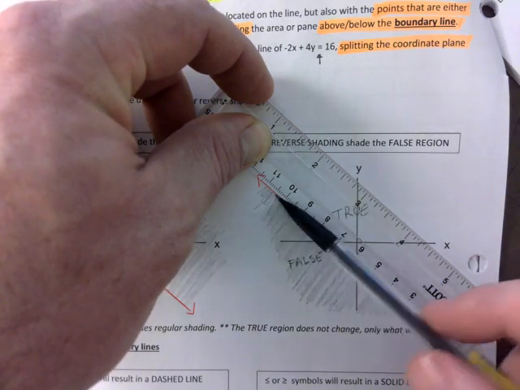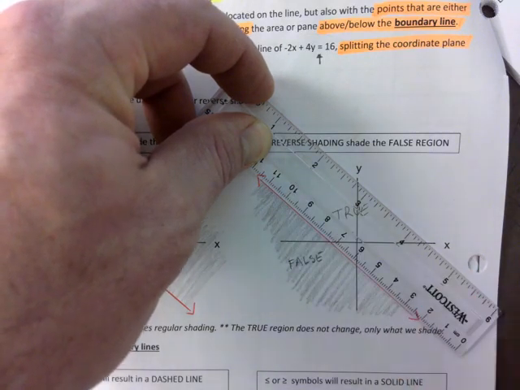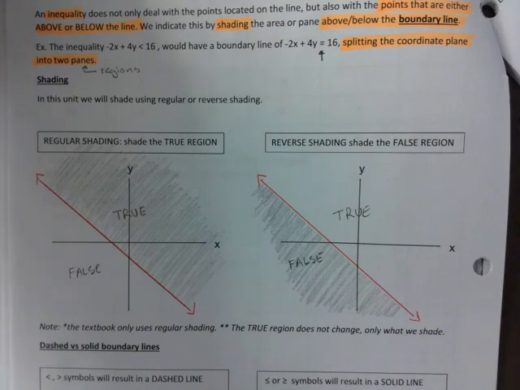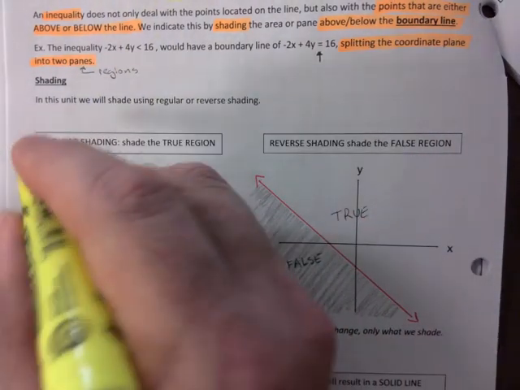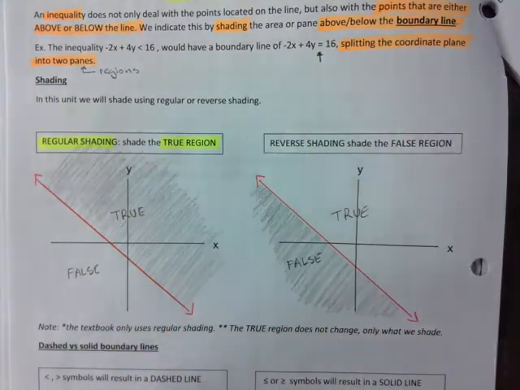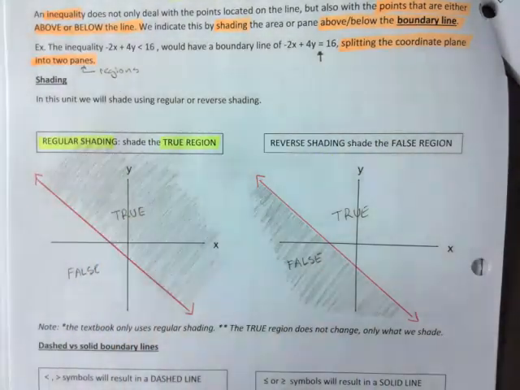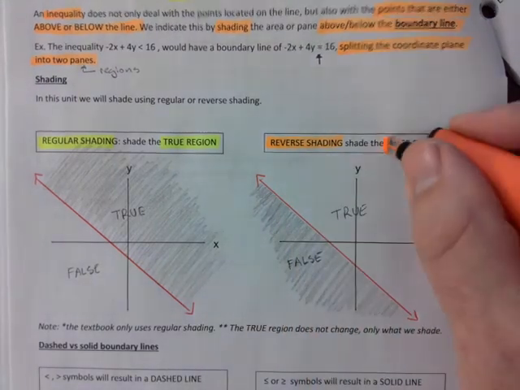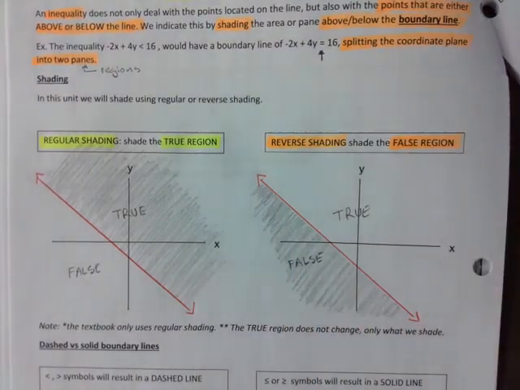That's going to be my go-to. And I think I will explain why later on. So maybe I'll just take a moment to highlight. Regular shading, we shade the true region. Reverse shading, we shade the false region.